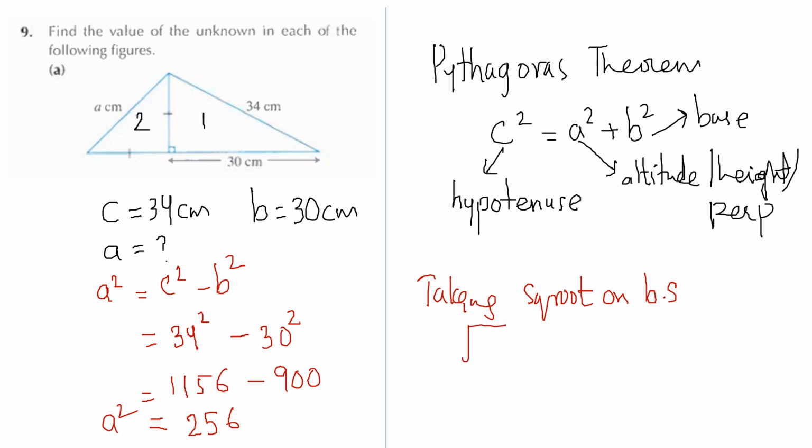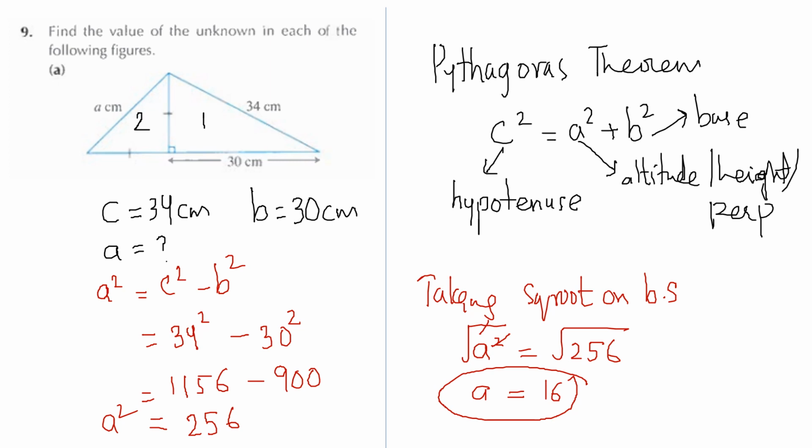This will look like A is equal to root of 256, and this square cancels with this root and you will get A as 16, because 256 is a perfect square, as 16 multiplied by 16 is 256. You can use a calculator to find it, or you can find the root. If you are not allowed to use a calculator, then you will find the square root through the division method or through the LCM method.